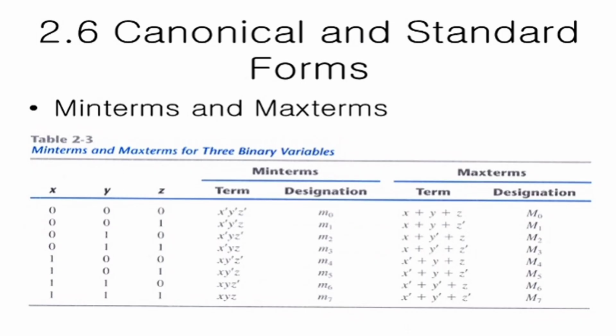Y is 2 power 1, and X is 2 power 2. So X value is 4, Y value is 2, and Z value is 1. Since it is a 3-bit value, 2 power 3 is 8, so it has to be from 0 to 7. So I can assign the values accordingly from 0 to 7.